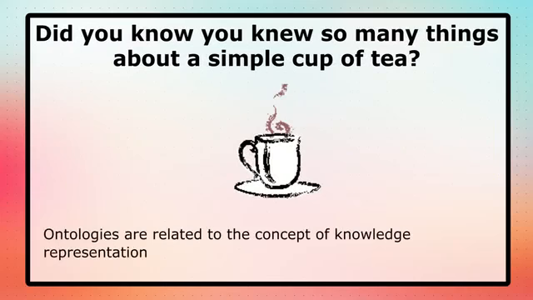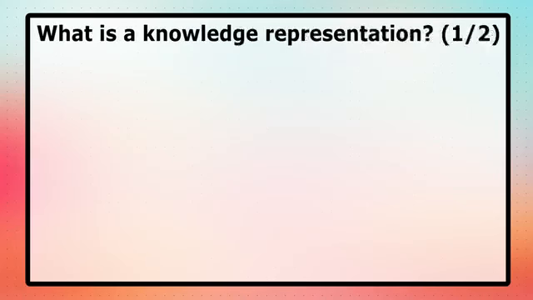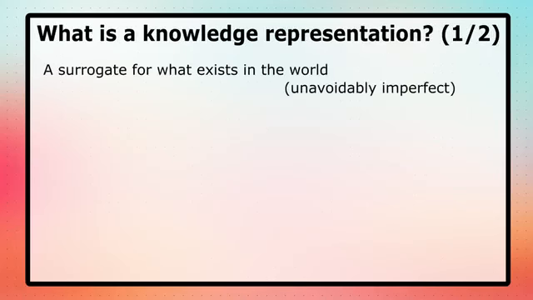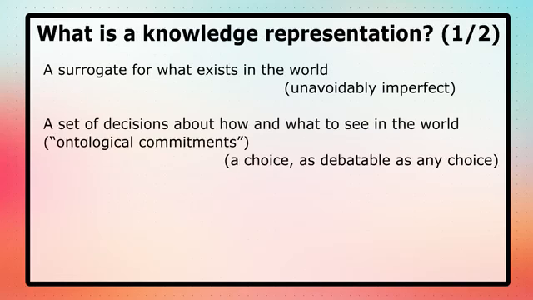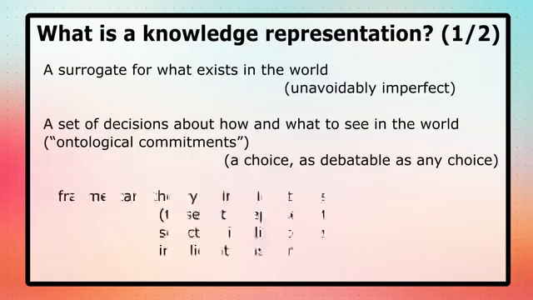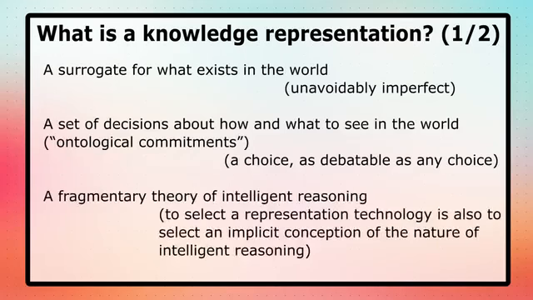So ontologies are related to the concept of knowledge representation. What is knowledge representation? A surrogate for what exists in the world, a set of decisions about how and what to see in the world, ontological commitments, a fragmentary theory of intelligent reasoning. For example, for one cup of tea, how many ingredients and components do I need, and what is the relationship among them.